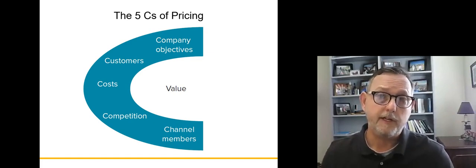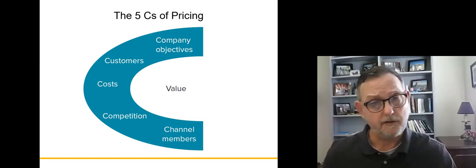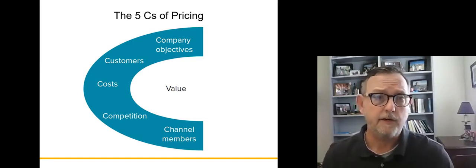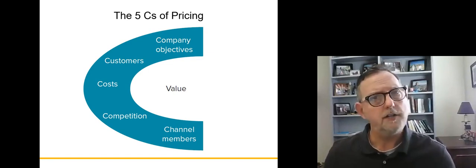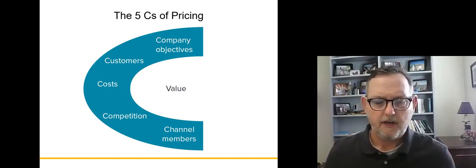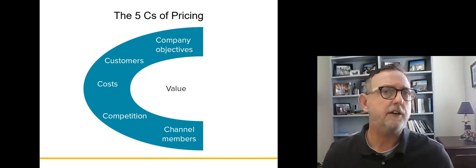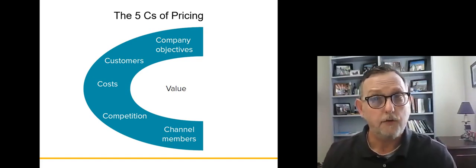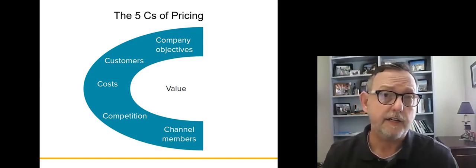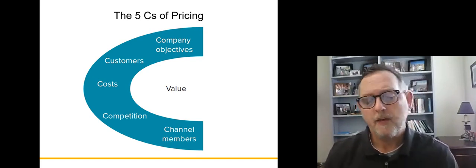One, of course, would be the firm's cost structure. Another would be the customer: what the customer can afford, what they're willing to pay, all in the context of the competition and all the other options that a customer could use to satisfy their need other than your product or service.